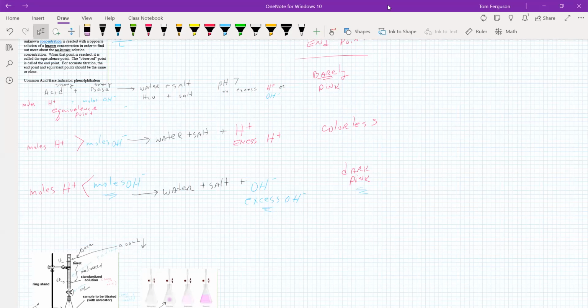Basically, we want to neutralize the acid below with the base above. We don't want any excess H's. We don't want any excess OH's. So we used an indicator to tell us when that ratio of moles of this equals moles of that is obtained. Okay, so we're going to use an indicator.